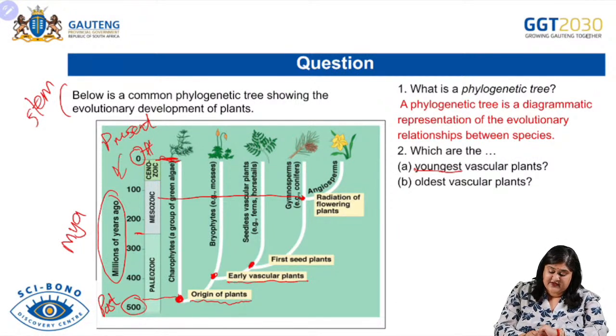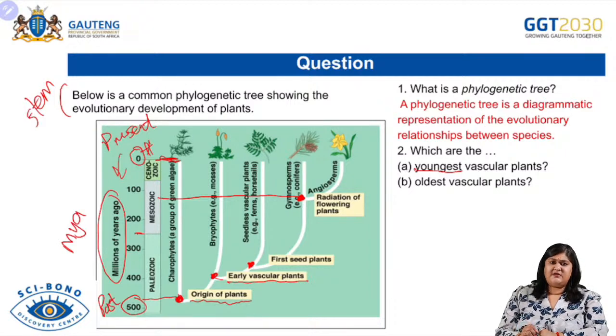We see here that these are the early vascular plants. So the characteristics of vascular plants originated here from this branch. So then these organisms still had vascular tissue. And then here, this is the most recent branch of the vascular plants, which are the angiosperms.